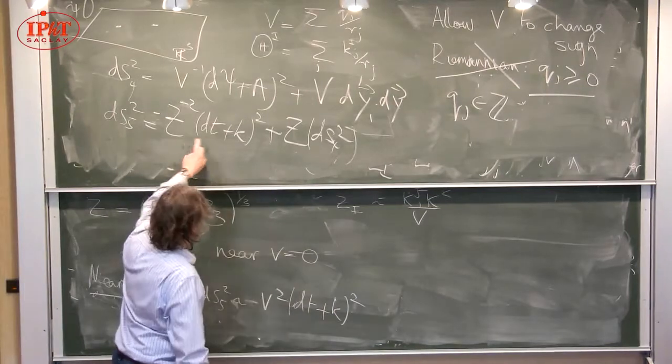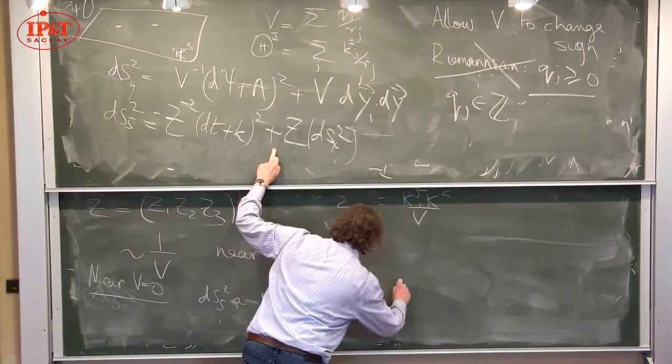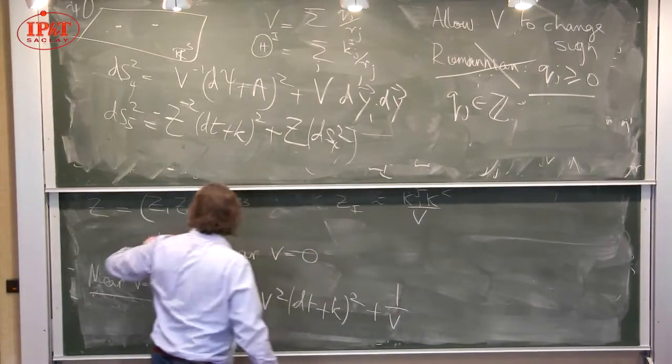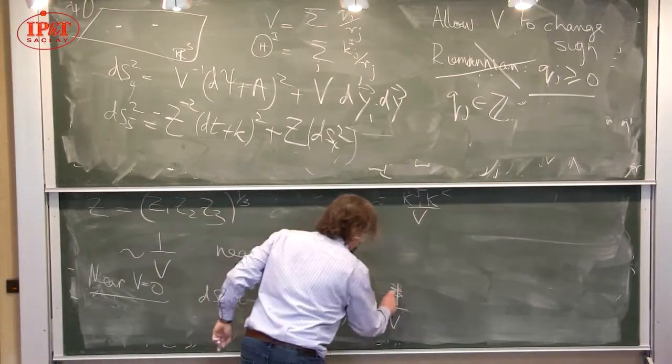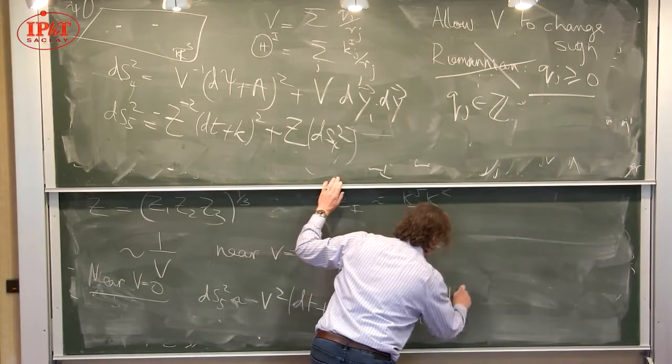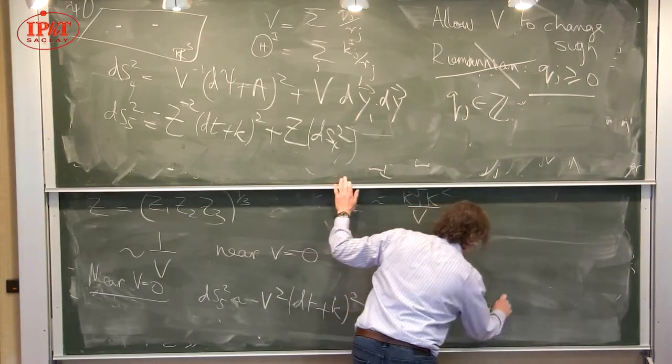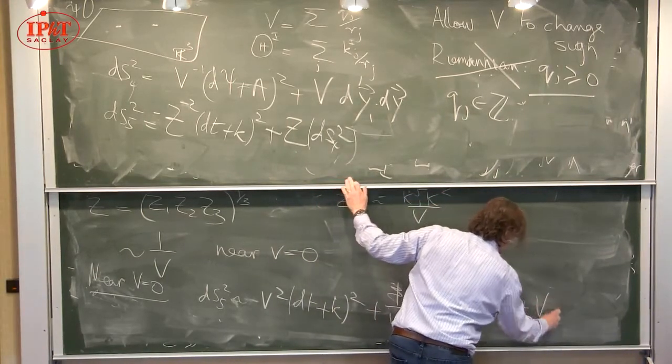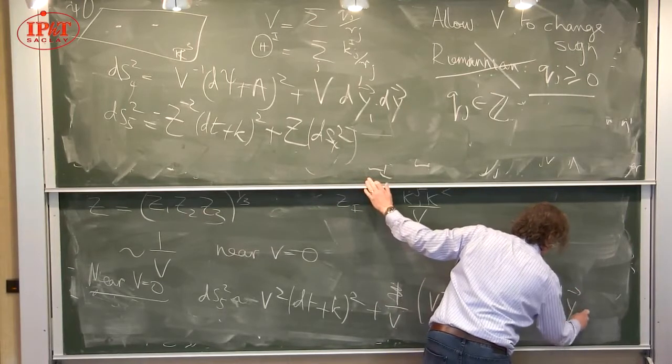Okay, fair enough. But now this piece goes like plus, and then you get this 1 over V term with a constant on top, times the Gibbons-Hawking metric, V to the minus 1 (dψ plus A) squared plus V dy dot dy.